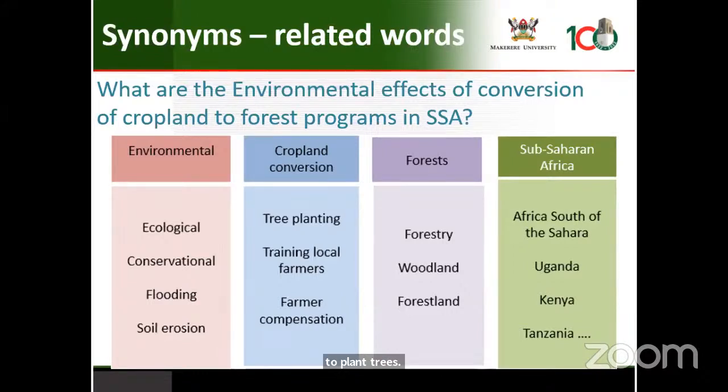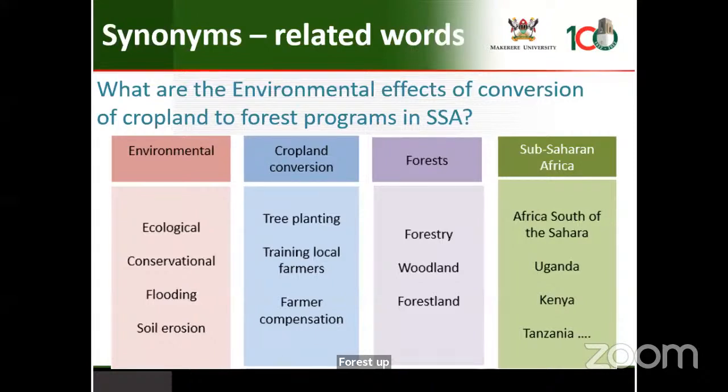All those are interventions, because the cropland conversion is actually an intervention. Then forests. Up there we have forest programs, so there is forestry, woodland, forest land. All those are related to forests, our keyword.